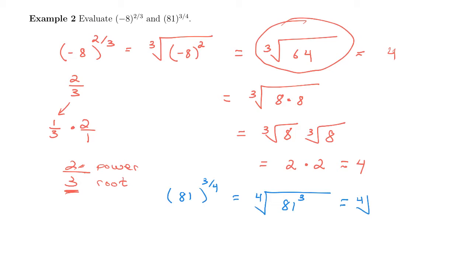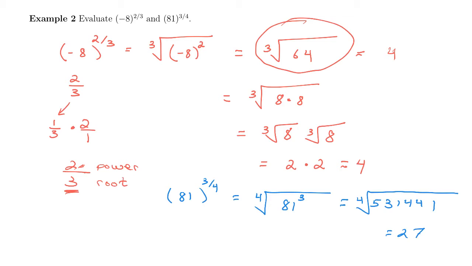It's the 4th root, and if you take 81 and cube it, you get 531,441. Then you would take the 4th root of this number, and it tells you 27.